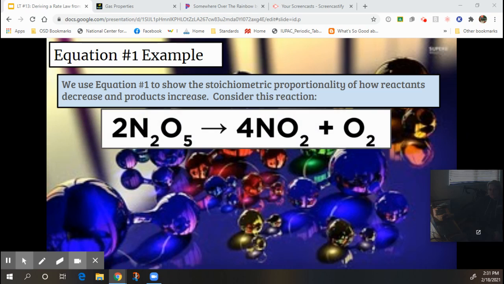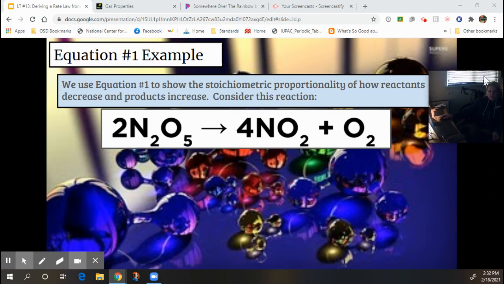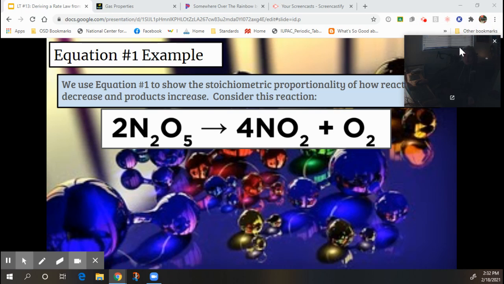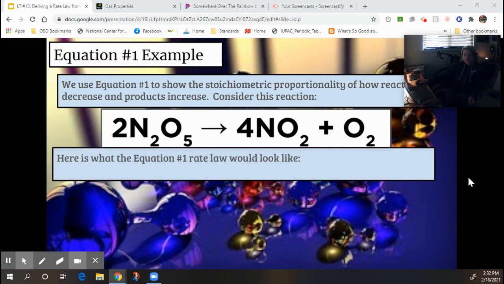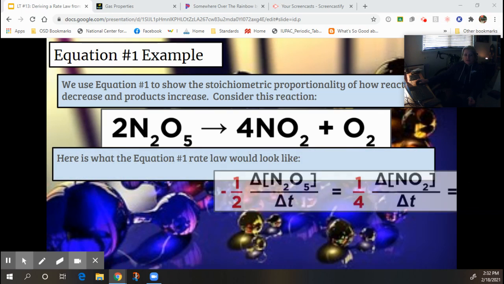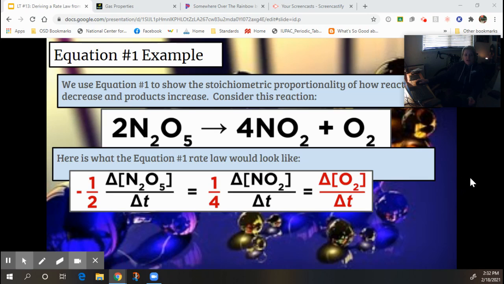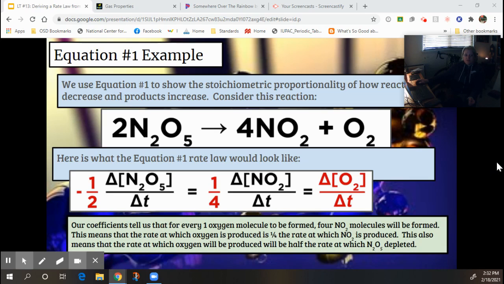So considering this real reaction where I've got 2 moles of dinitrogen pentoxide to make 4 moles of nitrogen dioxide and 1 mole of oxygen, if I was to put this in the equation 1 rate law, it would look like this. And all of this is saying is what I have written here.